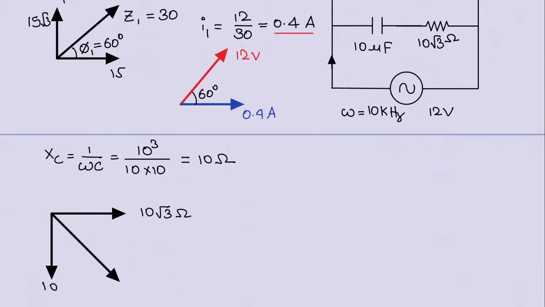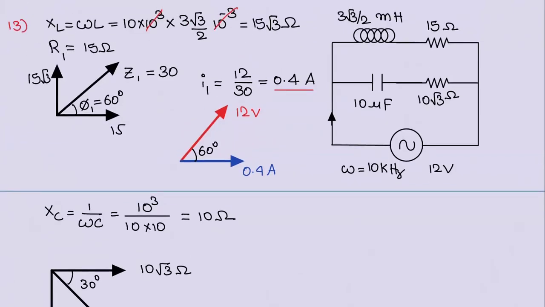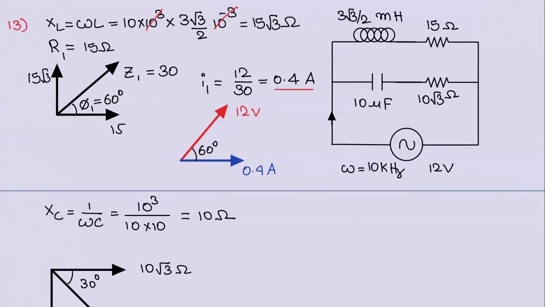And X is 10 ohm. And this Z is equal to 20 ohm. Oh, wait, same answer. Good. This is 30 degrees, actually, in this case, because this is 10 root 3. And 10 microfarad, one minute, am I right? Sometimes I take wrong numbers. Everything is fine.